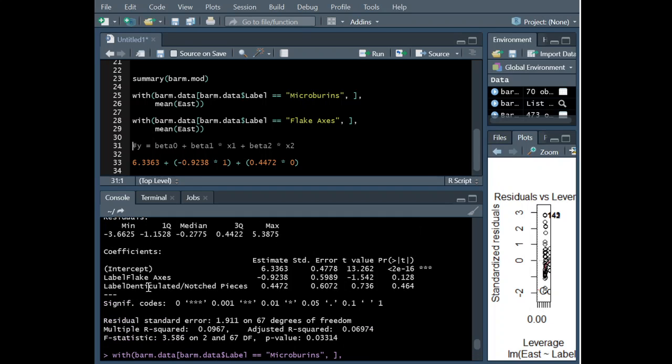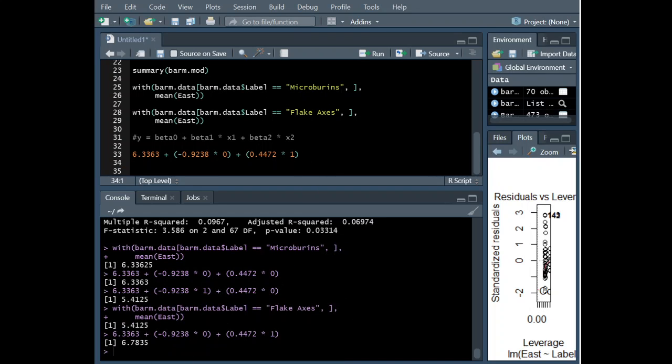And finally, if we look then at the denticulated notched pieces, the x value that we're multiplying by the second coefficient returns to 0 again, because we're not looking at flake axes, we're just looking at DN pieces. So the third one becomes a 1. And so we multiply 0.4472 times 1, we add it to the intercept, and of course we're also adding it to the second one, but not really because that's times 0. So it's really just adding this to this.